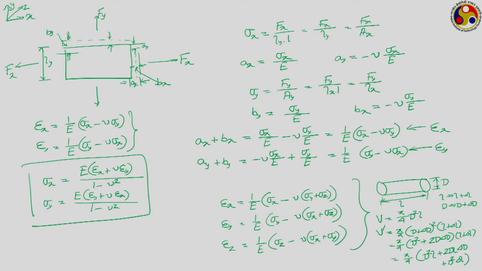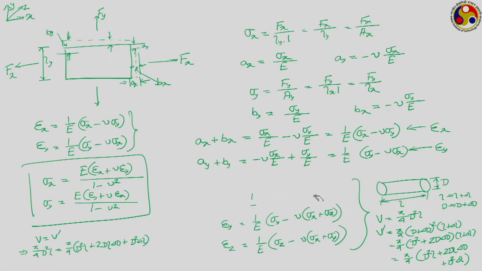If there is no loss of material, then V will be equal to V prime. So, if we equate these two, we have pi by 4 d square L on one side equal to pi by 4 into d square L plus 2 d L delta d plus d square delta L.